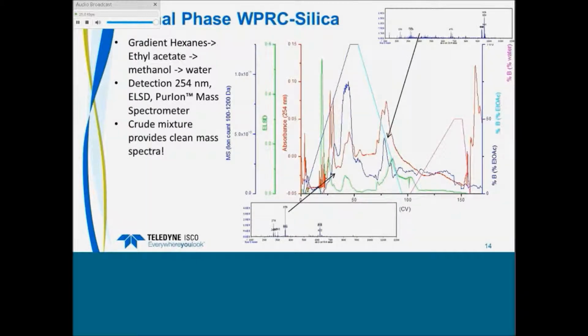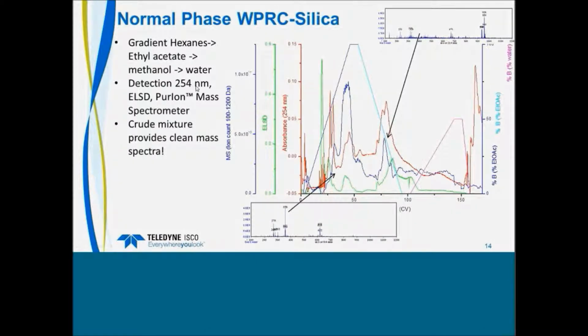In the first example, we used normal phase wide polarity range chromatography. The gradient was hexanes to ethyl acetate to methanol, and then methanol to water. For the solid load cartridge, I absorbed the sample onto silica in this case because I'm running a silica column.